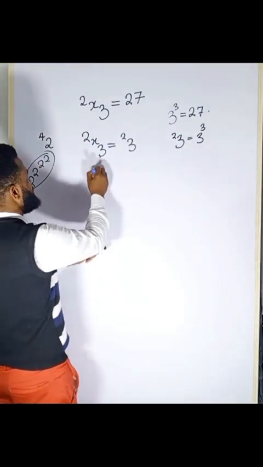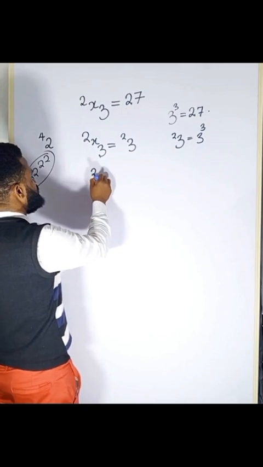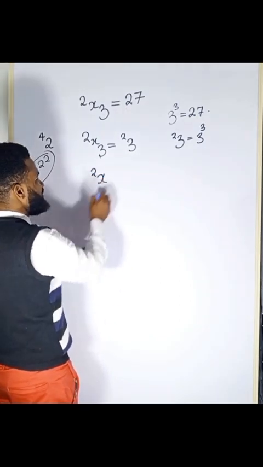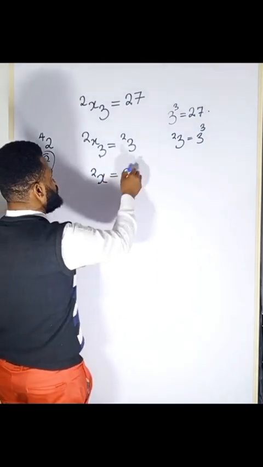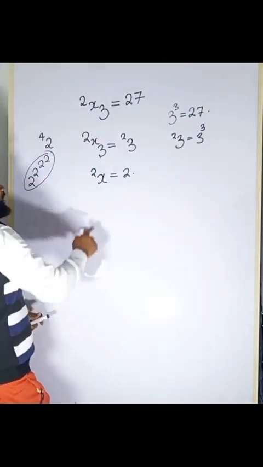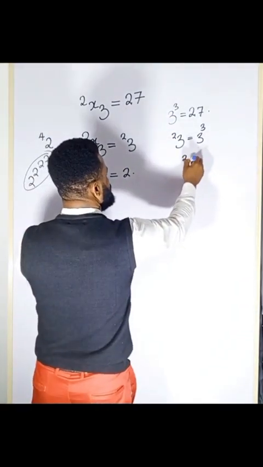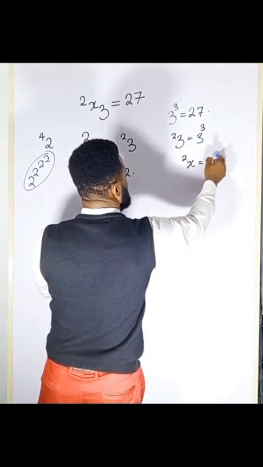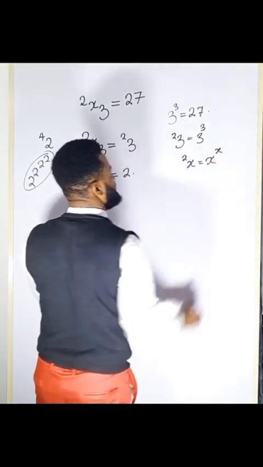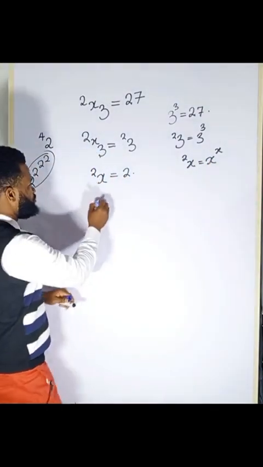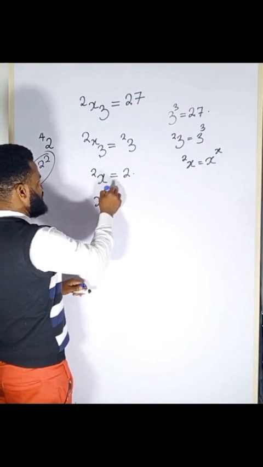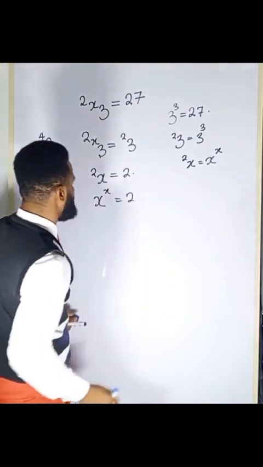So I'm going to say that 2 superpower of 2 to x is equal to 2. But remember that this is something as x raised to power x. So I'm going to do this here: x raised to power x is equal to 2.